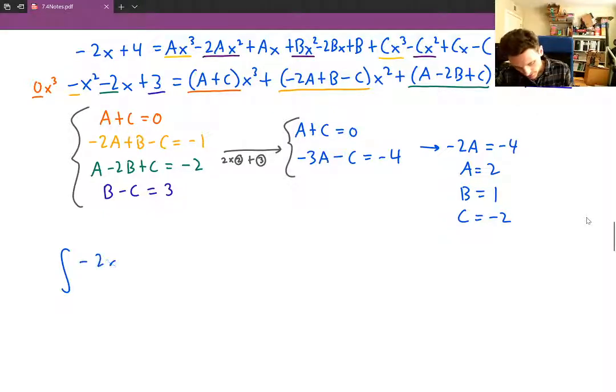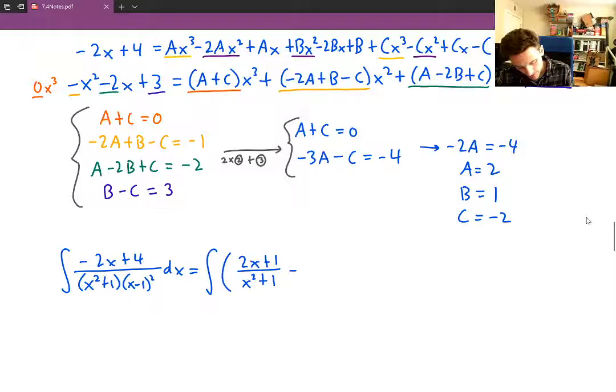So here's the original integral. So we're going to have the integral of (2x plus 1) over (x squared plus 1), minus 2 over (x minus 1), plus 1 over (x minus 1) squared dx.